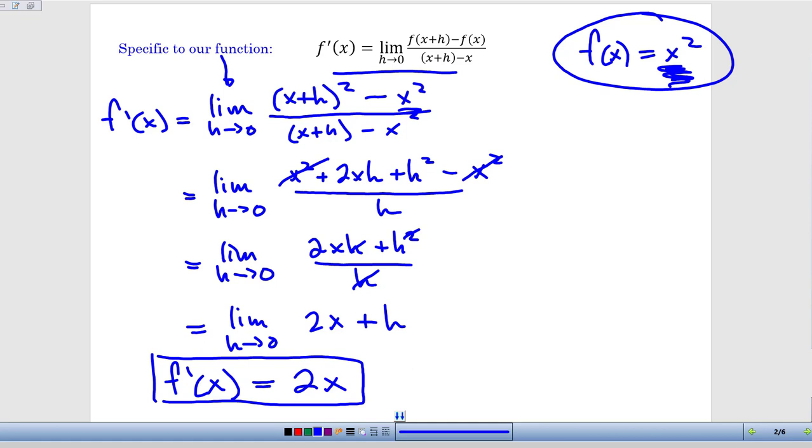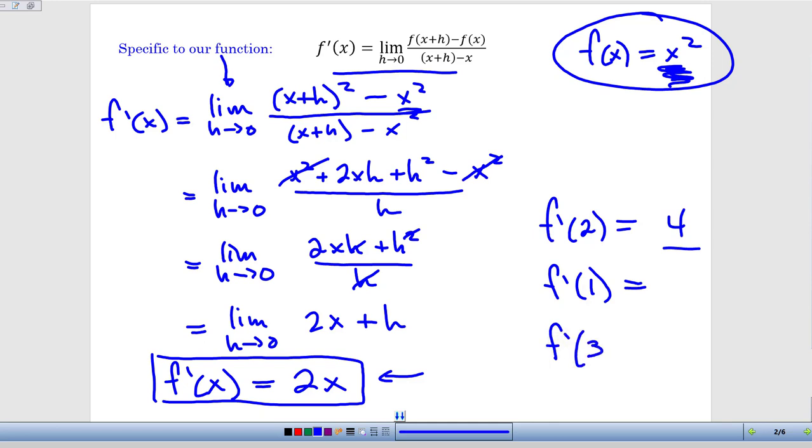And if we think back to our work on the previous worksheet, when we found the slope of the tangent line when x equaled 2, hopefully you remember that the slope of that tangent line was 4. And so what do we get when we plug in 2 for x into our first derivative formula, we indeed get 4. For the two parts of the problem that you were asked to do on your own last time, so finding what the tangent slope at 1 was and at 3 was, hopefully you remember that those were 2 and 6.